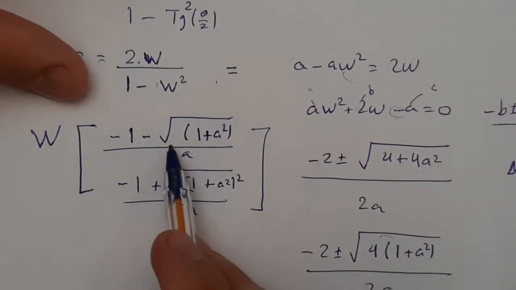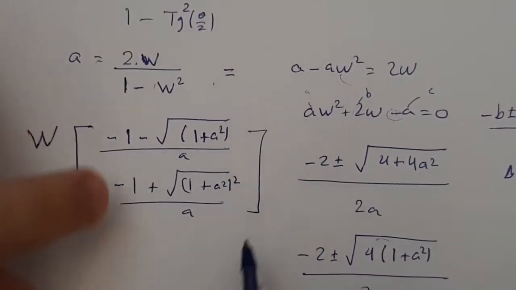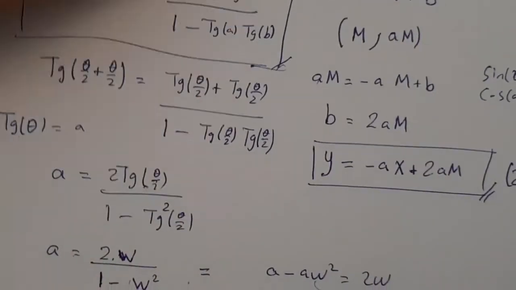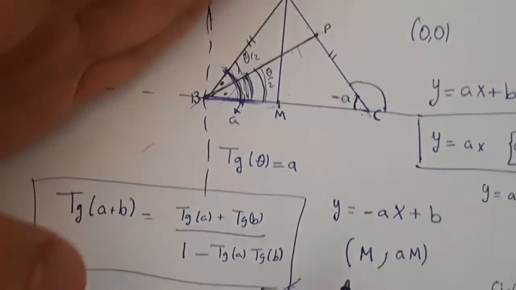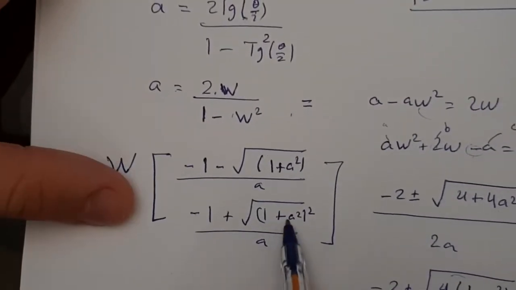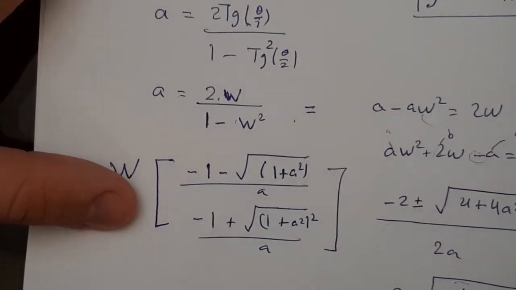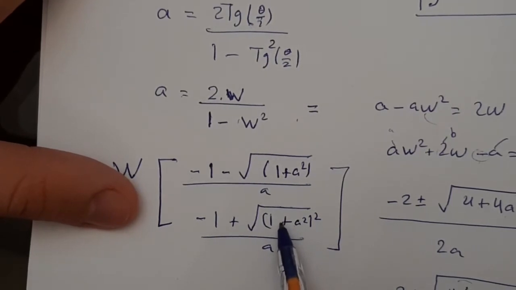You can choose this one. Why? Because you notice that the other one is negative with negative. Now, we are considering a's from positive values, right? These are the positive values. So a squared plus 1, this number over here, is always bigger than 1, even when you're taking the square root, okay?